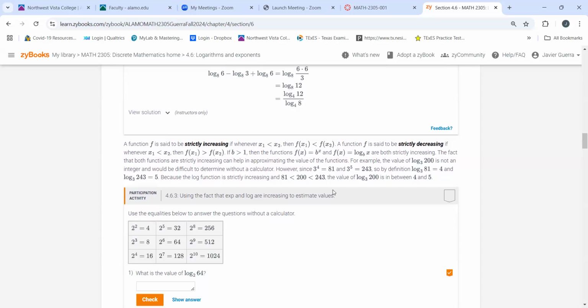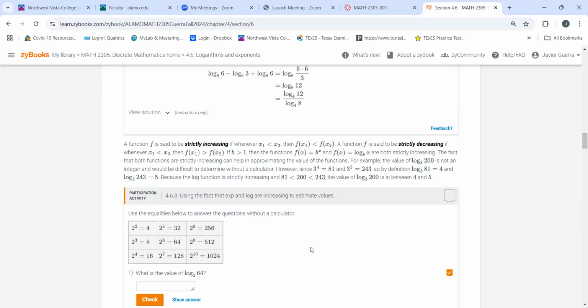All right, so a function is said to be strictly increasing if whenever x1 is less than x2, then the function evaluated at x1 is also going to be less than the function evaluated at x2. It is considered to be strictly decreasing whenever x1 is less than x2, then the function evaluated at x1 is greater than the function evaluated at x2.